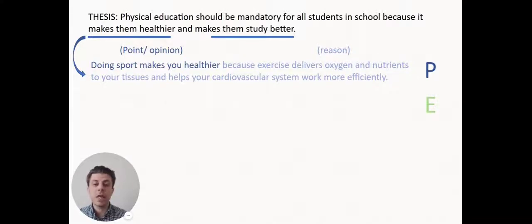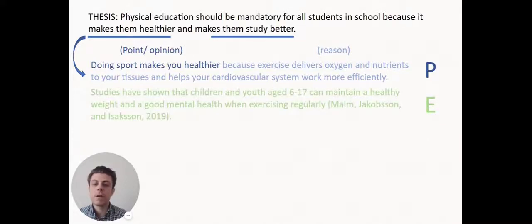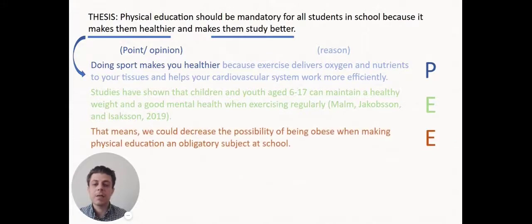We need to provide evidence to our argument, which is the P, the point. And here it's about studies, what studies have shown. And the second E is the explanation of that evidence and how it relates to our topic sentence, the P. And this would be paragraph 1, about reason number 1 in the thesis statement.